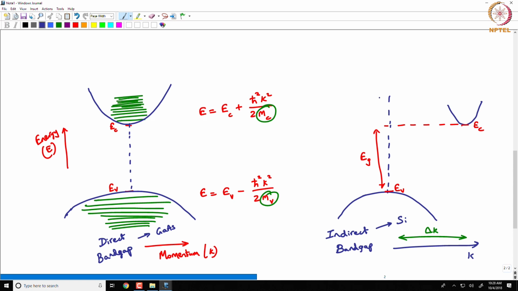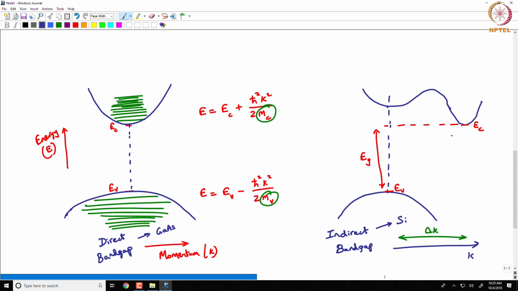So I should just complete this picture, it may have an edgy structure like this. It is just that the bottommost part of the conduction band is not aligned with the topmost part of the valence band, okay. So that is one aspect that we need to keep in mind.